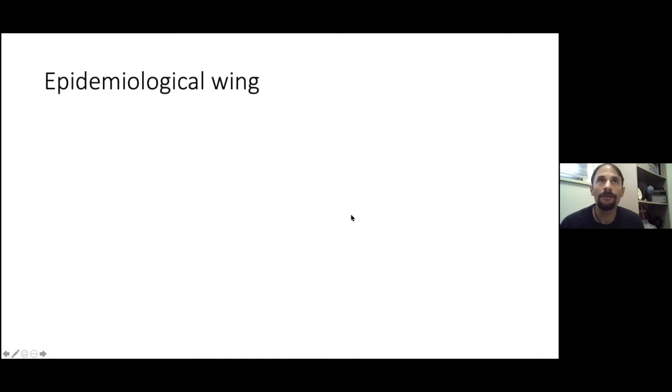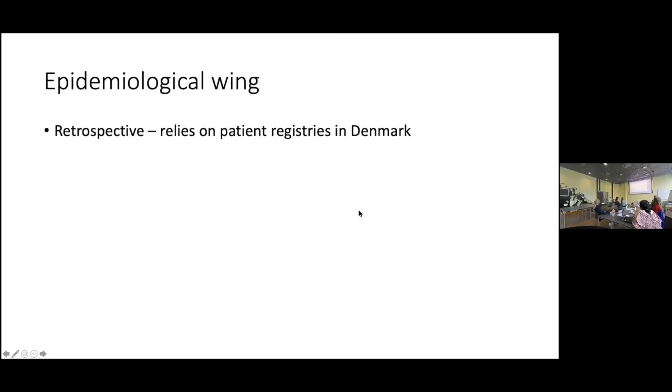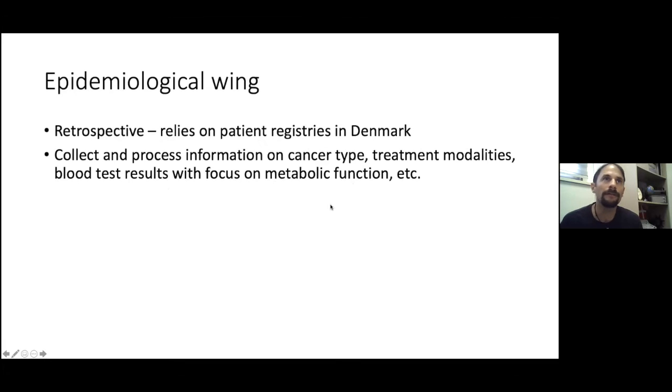So the epidemiological wing would be retrospective, and it would rely on patient registries in Denmark, which are very detailed and very fitting for such a project. We will collect and process information about the individual patients on cancer type, treatment that they received, and blood test results with focus on metabolic function, and so on and so forth.